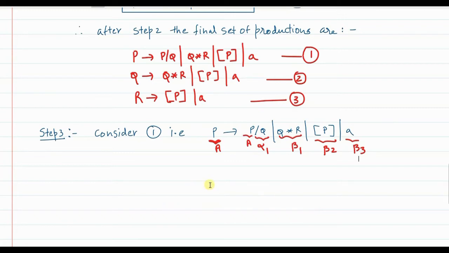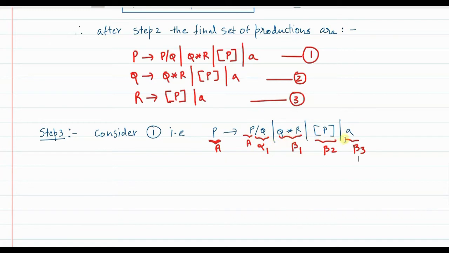Okay, so very simple, A gives A alpha or beta. So if that non-terminal A, which is there on the left hand side, is also the first symbol of a term on the right hand side, like here, the left hand side non-terminal was P, and in the first term, the beginning symbol was also that P. So when you have A and A, okay, then whatever remains can be considered as alpha 1.